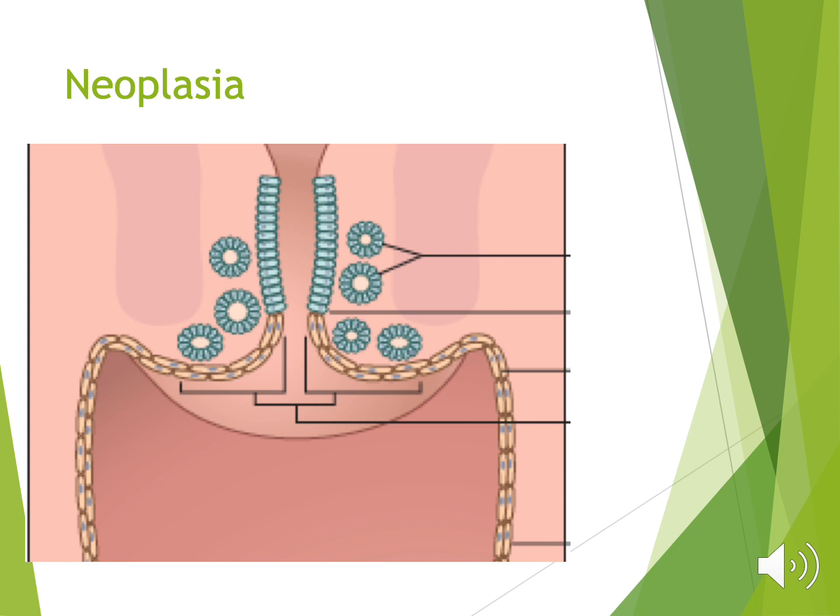The lower part, which is represented by these yellowish flat cells, is the squamous epithelium. The junction of the columnar and squamous epithelium is called the transformation zone, and the human papillomavirus has tropism for that region.